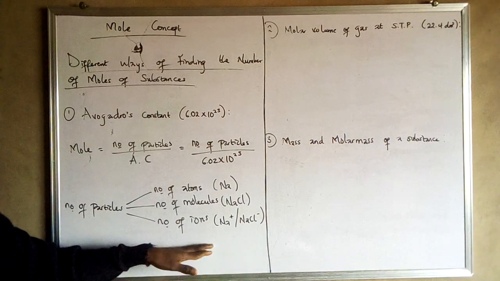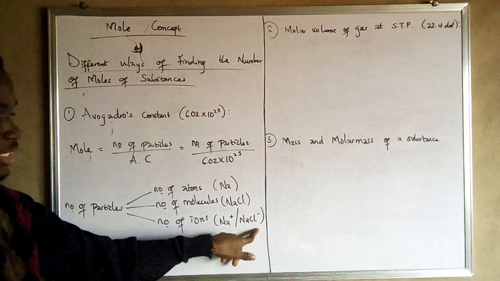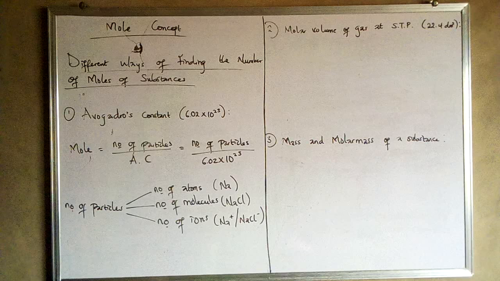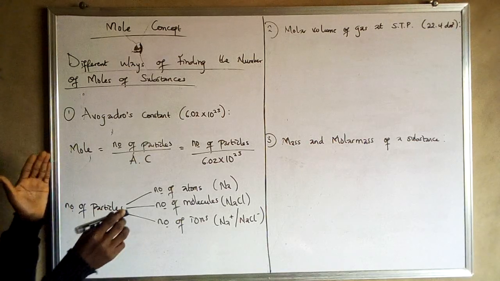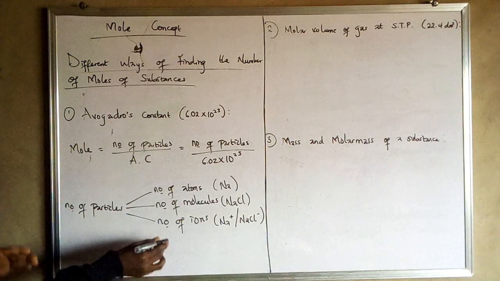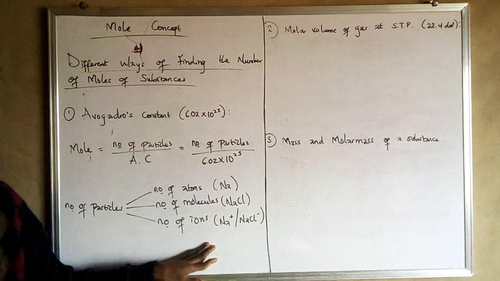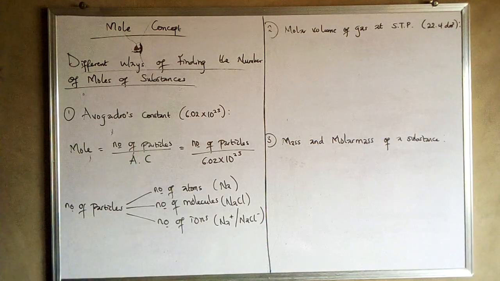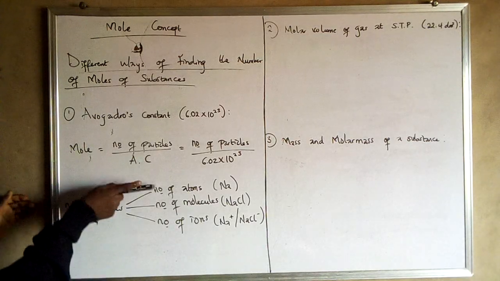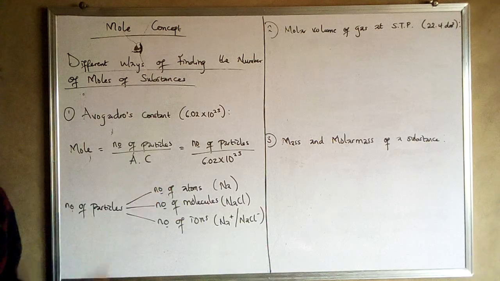So when we have something possessing either positive or negative charge, we are going to consider it to be an ion. So we're going to be using number of ions instead of number of atoms or molecules. Let's come back to the formula again. If the question is involving atoms, we replace number of particles with number of atoms.